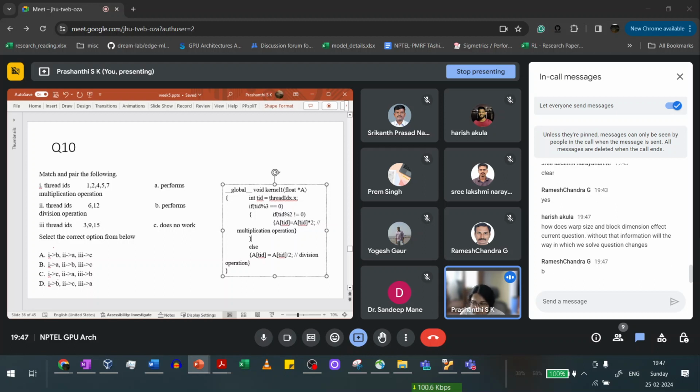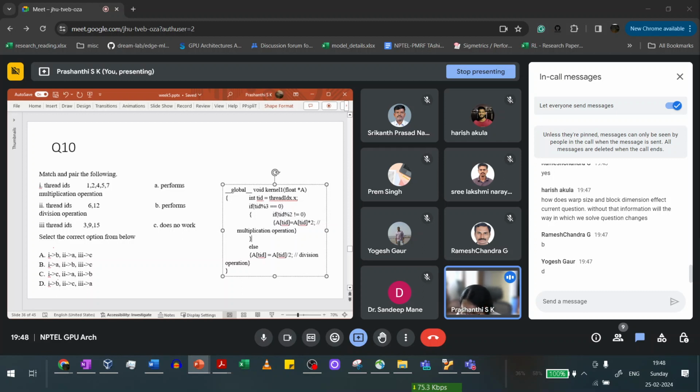We have one answer B. One more answer D. We have a question. How does warp size and block dimension affect the current question? Without that information, will the way in which we solve the question change? Okay, let's take a look at the answer and after that we'll come back to this question. But I think people are still solving it, so let's wait a few seconds.